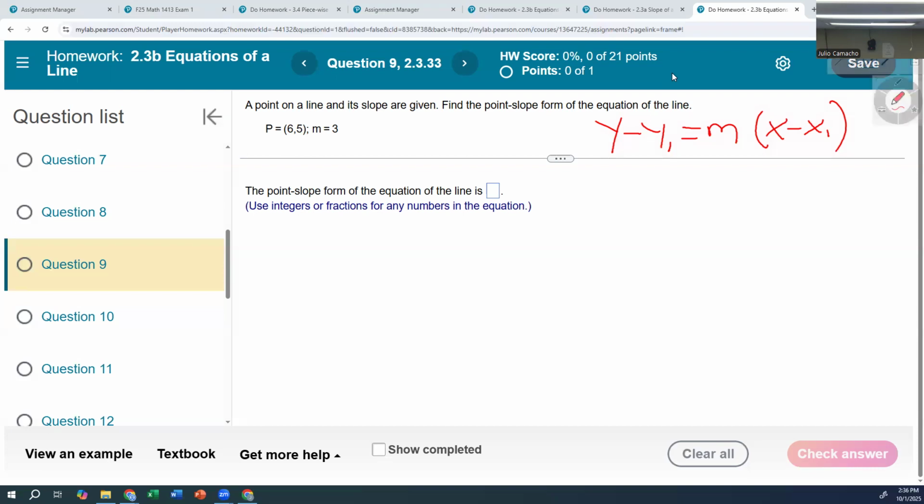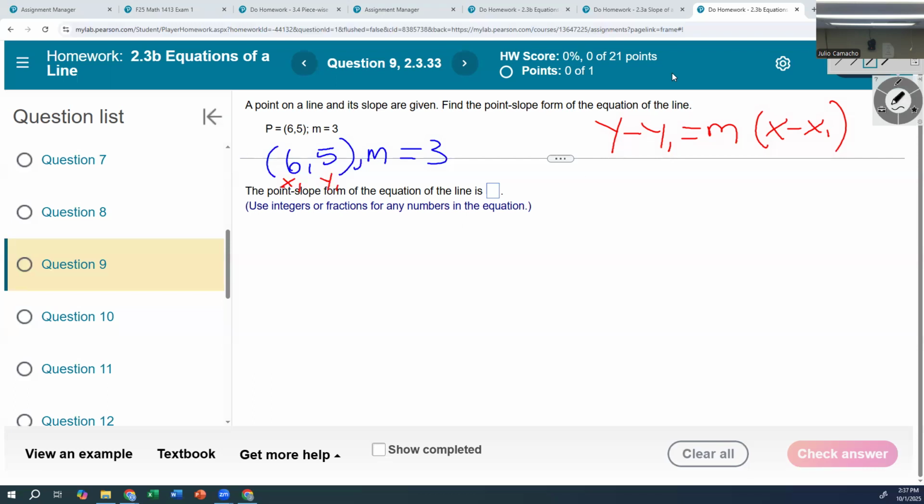If we label, they give you a point. Your point is (6, 5), and your slope, m, stands for slope, is 3. And remember, we try to always label our points. 6 is your x1 and 5 is your y1. So let's go through the equation.